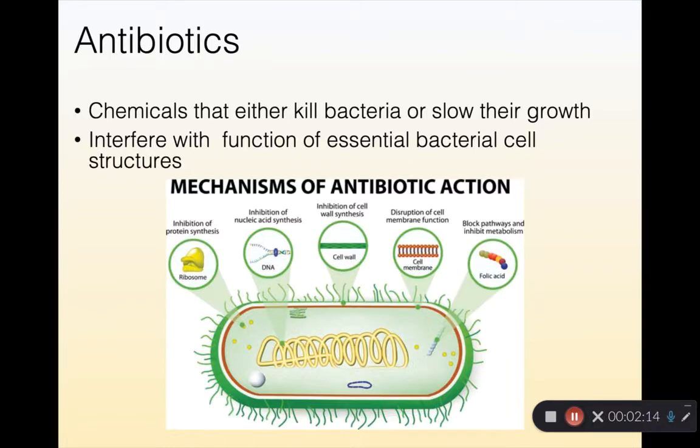It tends to interfere with the function of essential bacterial cell structures. So these are the primary ways in which an antibiotic can interfere with a bacterial cell. Now we're going to be going into the structural aspects of bacteria in later lectures, but it's enough that you know that antibiotics tend to inhibit various essential functions of bacterial cells.